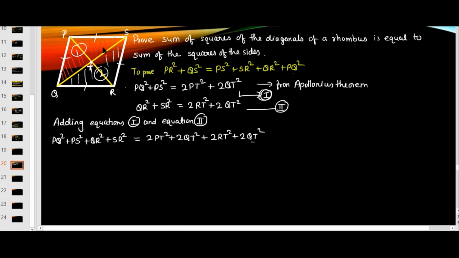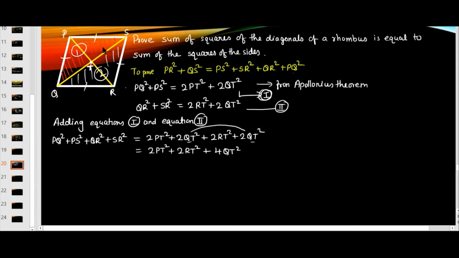You see here there is QT square here and QT square here also. We can add that and write it as 4QT square. So we write further: equals 2PT square plus 2RT square plus 4QT square.